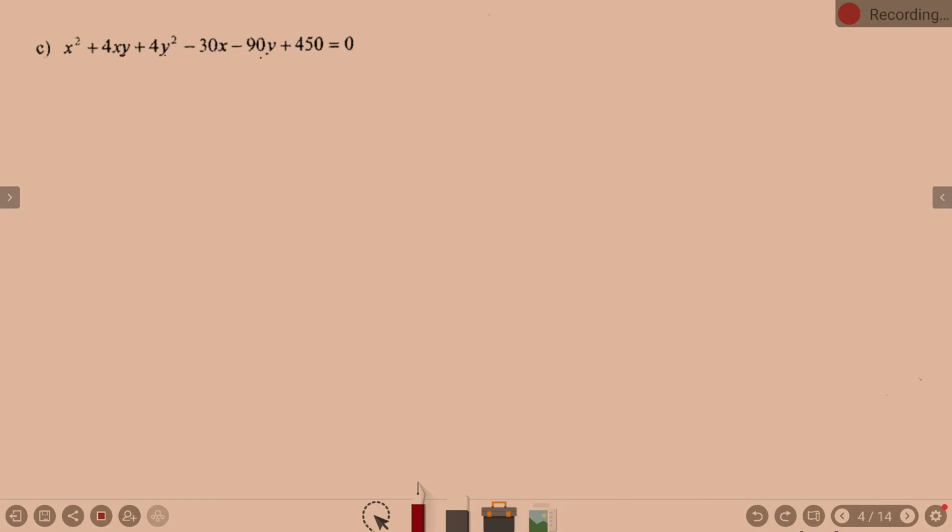So if it was just y squared, or just the y to the first, like the xy and the 90y, we could solve. If there was y squared and there was y, we could complete the square. Because there's y squared and y and xy, we're going to take a different approach. We're going to do something crazy, and we're going to use the quadratic formula to solve this.